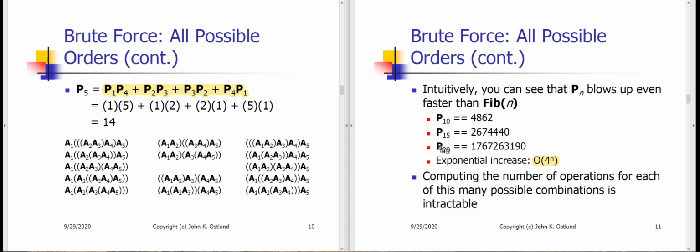And you can see that even if we just get up to 20 matrices, we've got almost 2 billion ways of multiplying a sequence of 20 matrices together. All right, so we're just not going to be able to do this. We can't use the brute force approach, which isn't surprising. Pretty much we can never use the brute force approach for other than super trivial problems. So we have to be more clever.